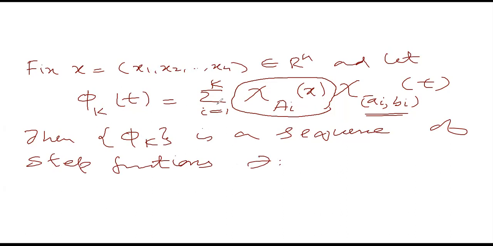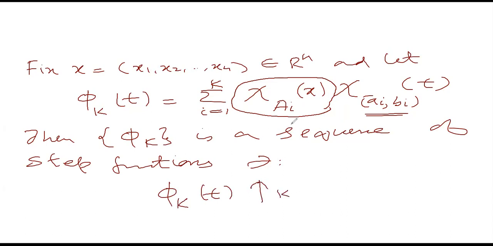You can verify easily, because for say k equal to 2, this is the sum of the two terms. For k equal to 3, it will be the sum of three terms, and each term is actually non-negative, so it's monotonic increasing.